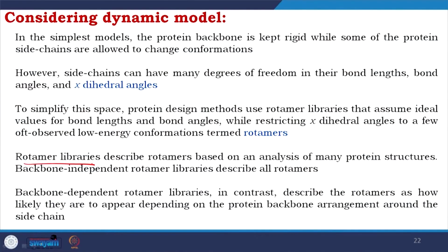They take similar structures and see the possibility of rotamer position of an amino acid, and the statistical consideration choose the winners, and they are in the library, whereas there are backbone independent rotamer libraries which have all of them. Backbone dependent rotamer libraries in contrast describe the rotamers as how likely they are to appear depending on protein backbone arrangement around the side chain.